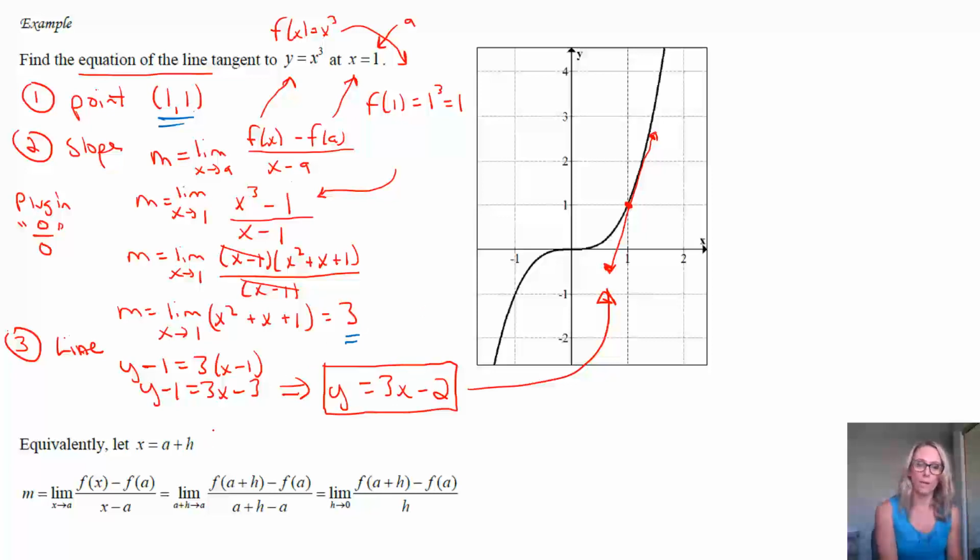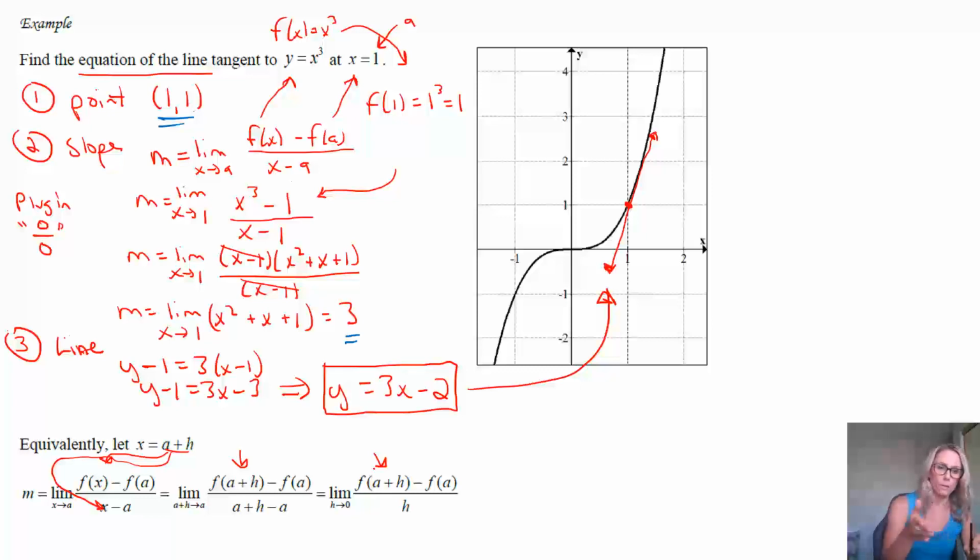Now, what you want to see is if instead of x, I wrote a plus h, okay? If I wrote a plus h, so I just replaced x with a plus h in the two places that I have x, notice that it becomes this, which then becomes this. And this is just an equivalent way to write what we just did.